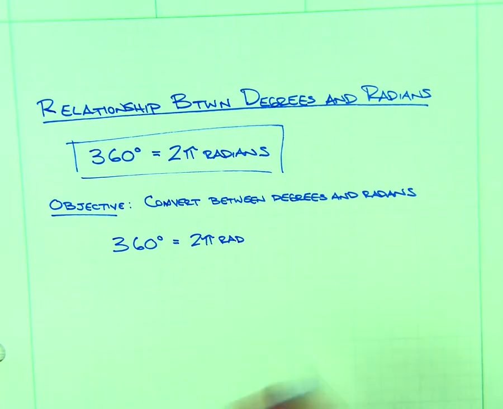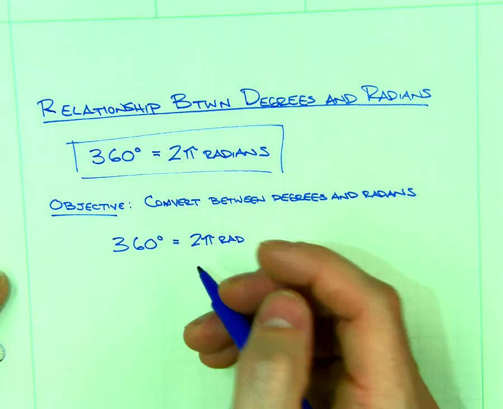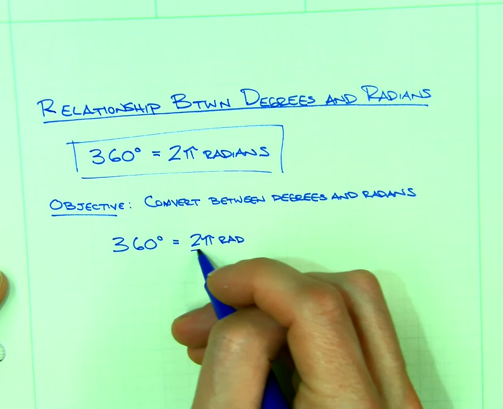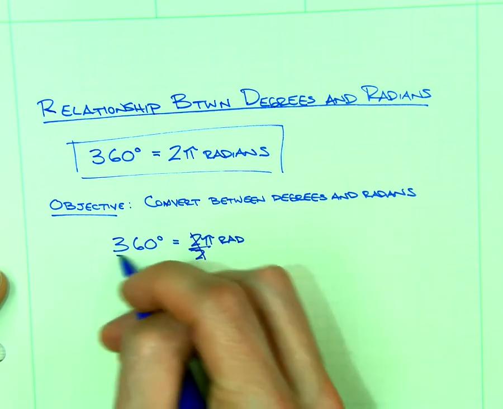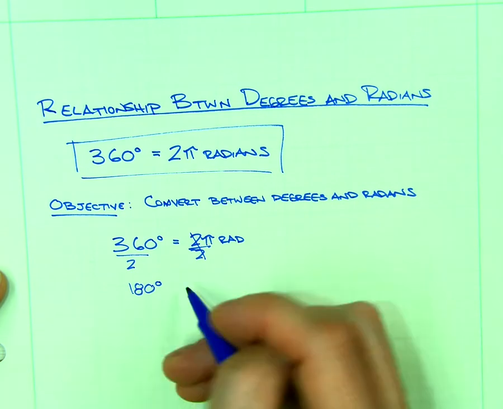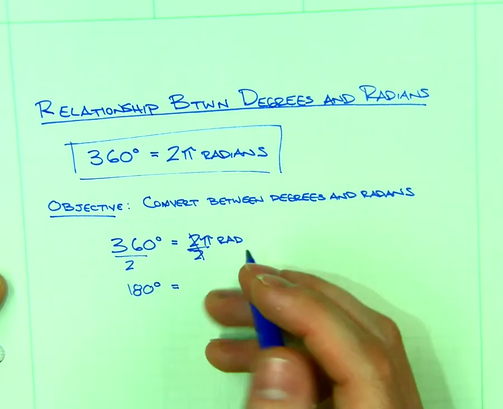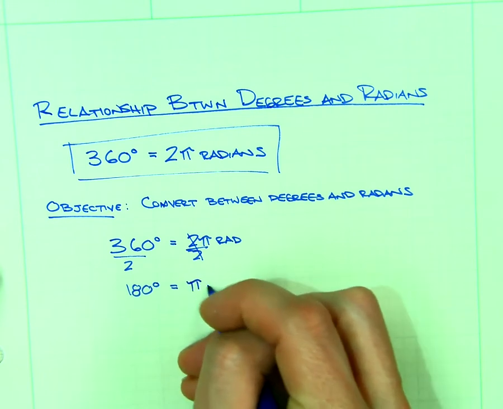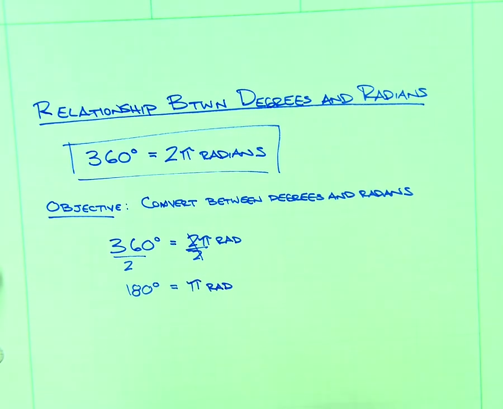In order to do that, this is just like a two-step or a one-step algebra equation, depending how you're looking at it. So the first thing you can do is just divide both sides by 2. And you get 180 degrees, which is half of a circle, is going to be equal to just 1 pi radian, or pi rad.